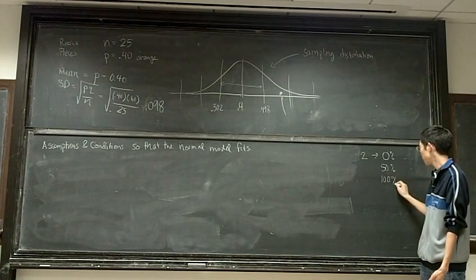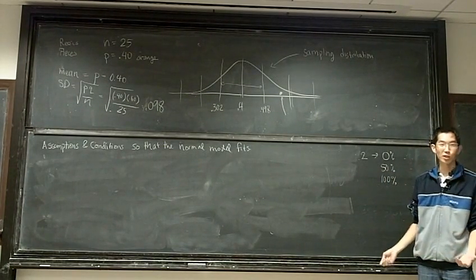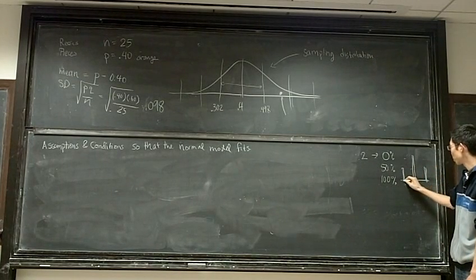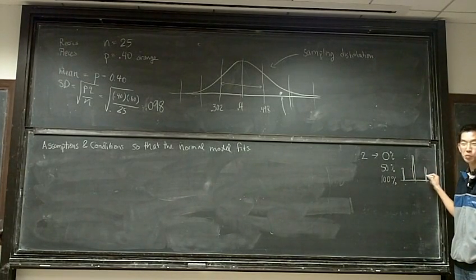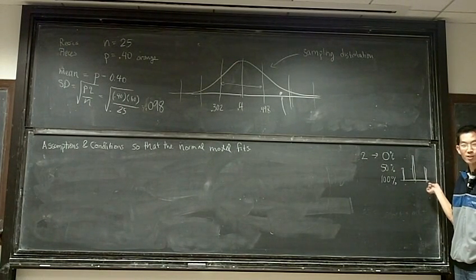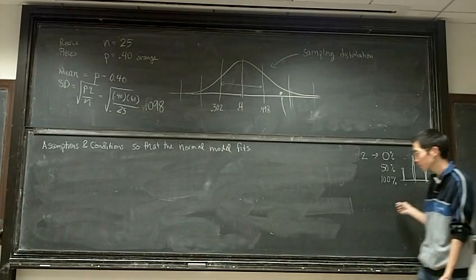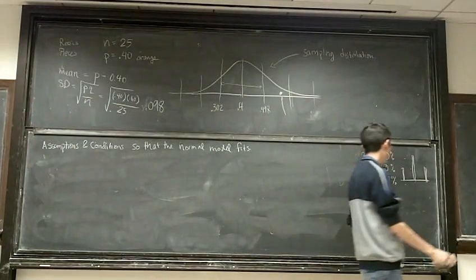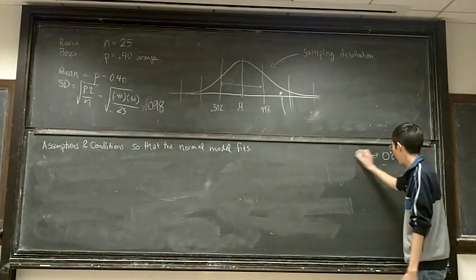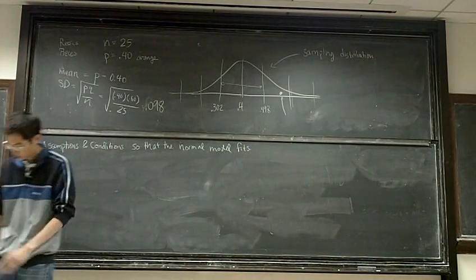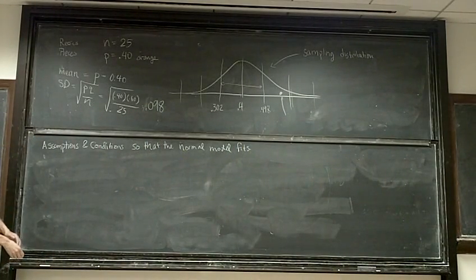And then I would have 100% orange. And those would be the only 3 values I could possibly take on. And so my histogram would have a bar at 0%, 50%, and 100%. Okay, and the normal model does not fit this, okay? So in some cases, the normal model will not work, okay? And so that's why we have these conditions. All right, and assumptions, okay.